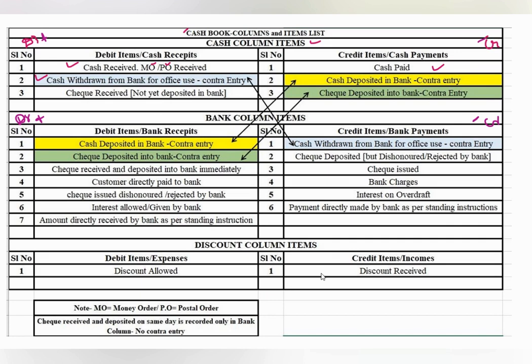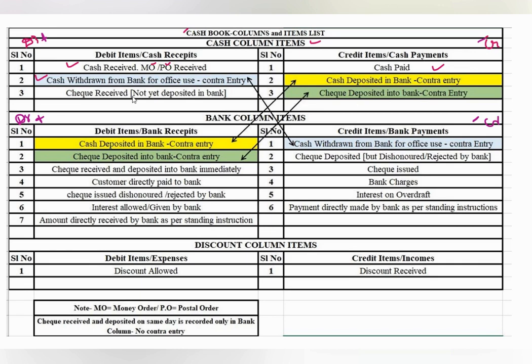That I will explain later. So you understood that this is a contra entry, because on one side we are showing a debit and on the other side a credit, because bank and cash both are shown in the cash book.